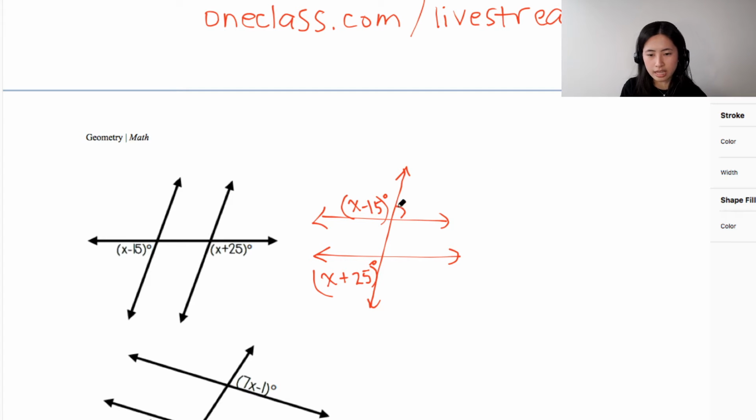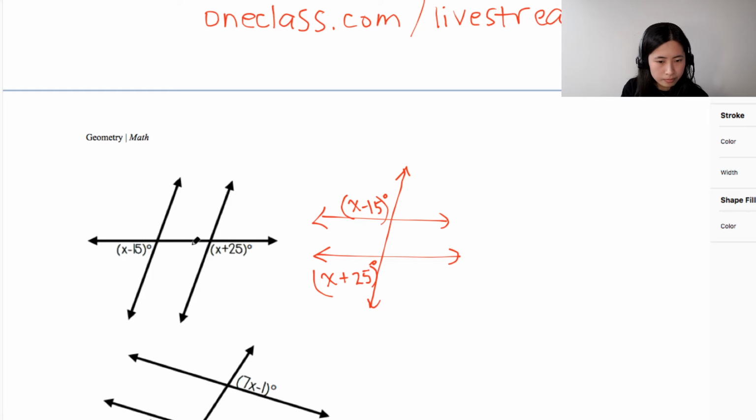For you to infer that they're alternate angles, we know the correlation between two angles that are alternate and exterior. So if you have x minus 15 degrees, you would have this being 180. But you can't really say anything about this because you don't know what the variable here is.